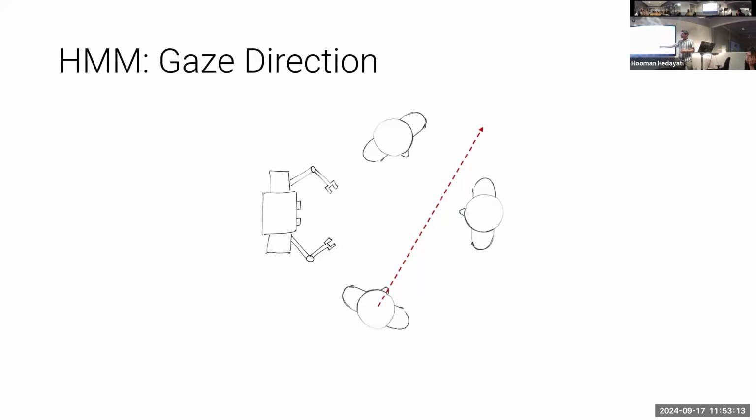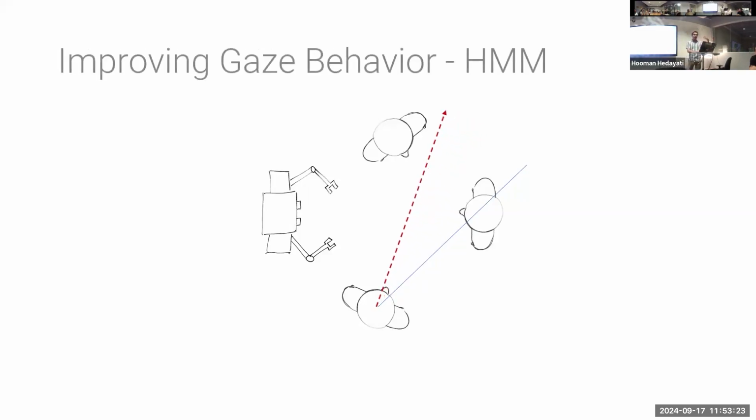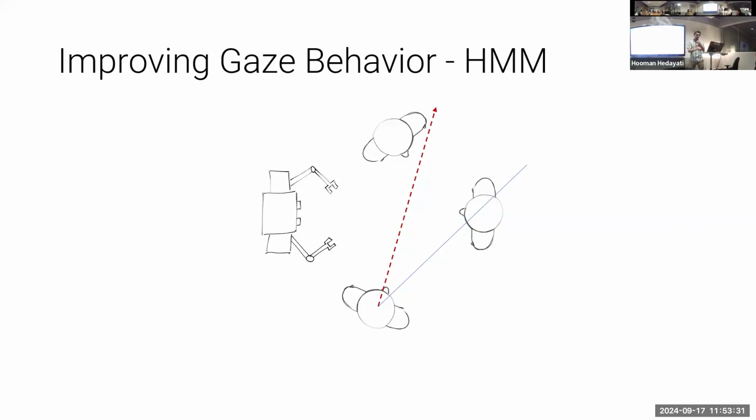When the gaze is like this, there is high probability that this person is going to be the focus of attention. If that gaze or head orientation shifts, then there is less probability that that person is going to talk, and more probability that the second person is talking.